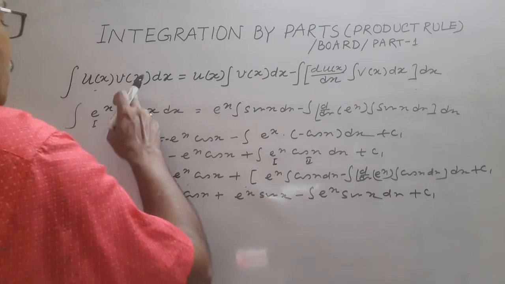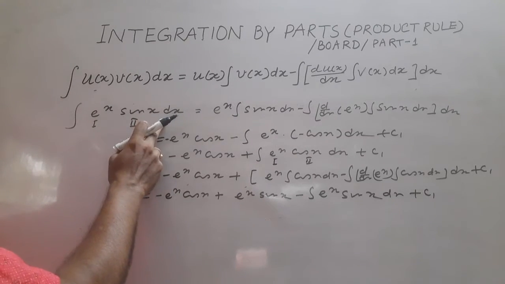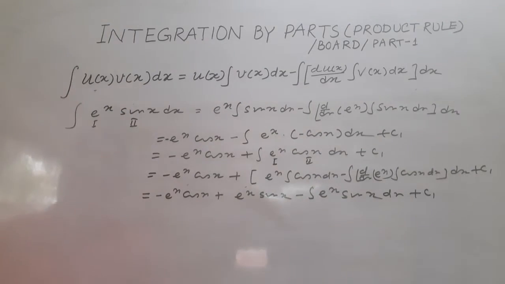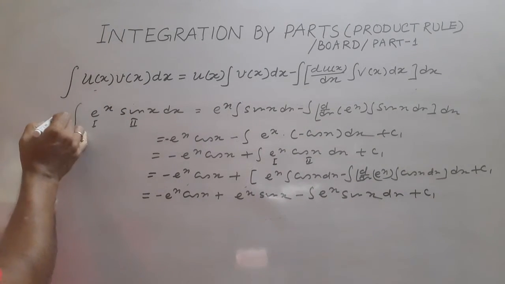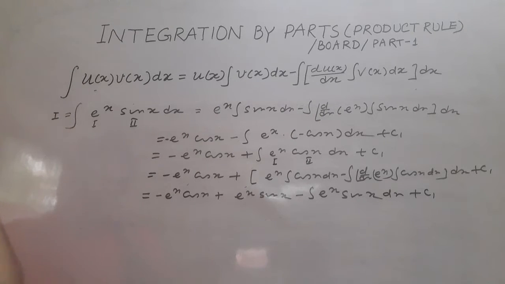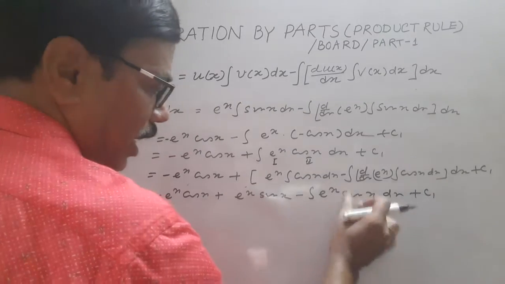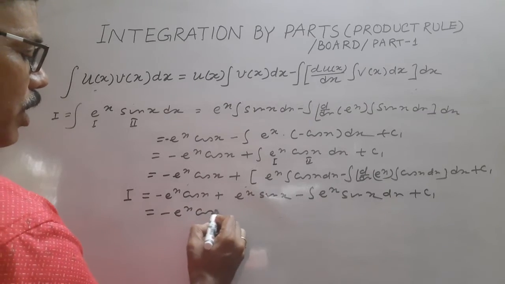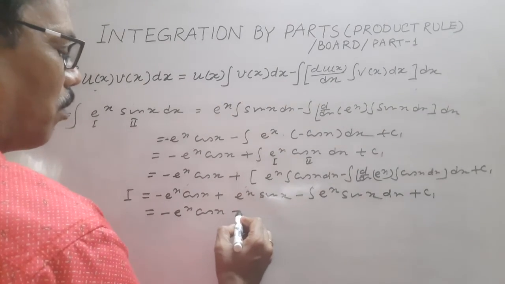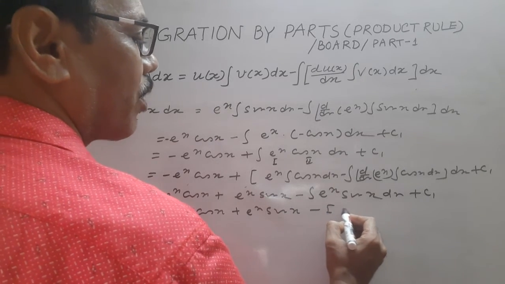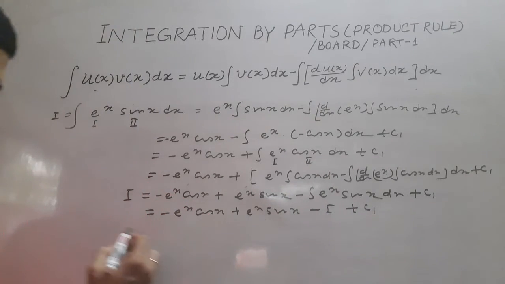We started from integral of e to the power x sin x, and we are again getting integral of e to the power x sin x. That is why we consider this as I, I for integral. So this is I, and this one is again I. So minus e to the power x cos x plus e to the power x sin x minus I plus c1.